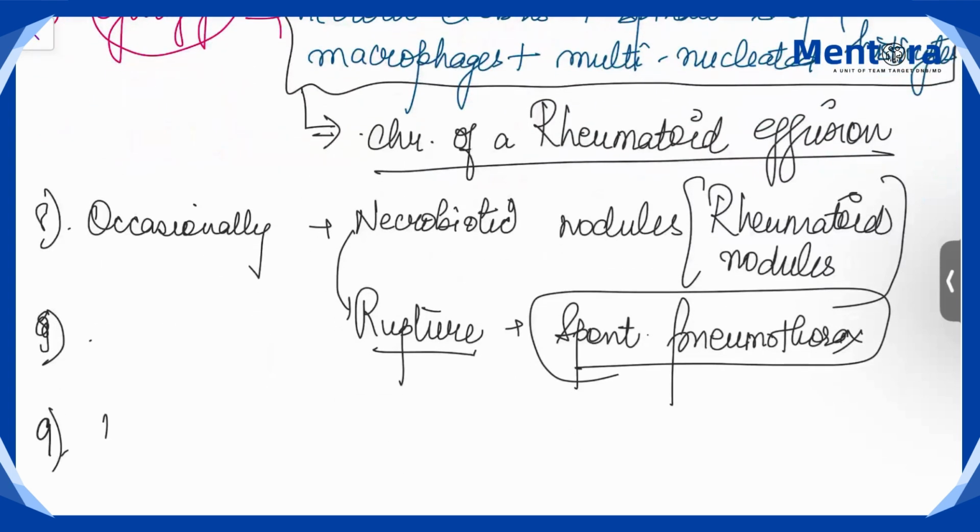Corticosteroids are not given in each and every rheumatoid pleural effusion. You have to give corticosteroid to treat the articular disease, that is rheumatoid disease, not for pleural effusion. So this is used for active articular disease only.